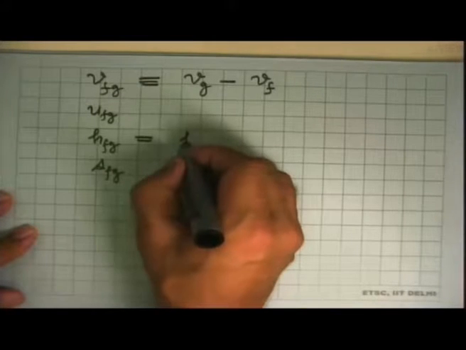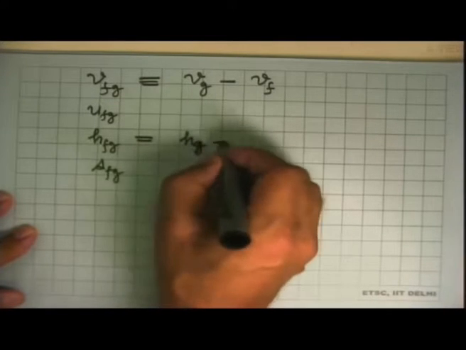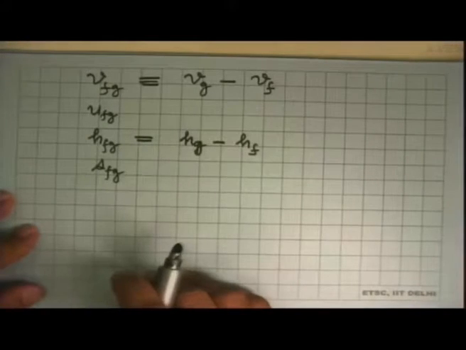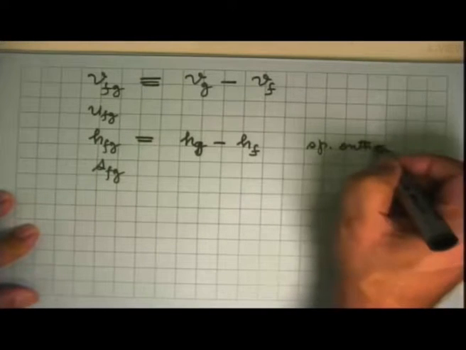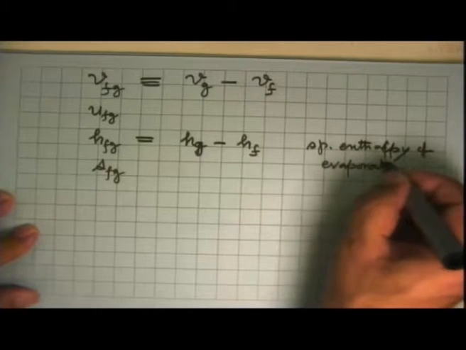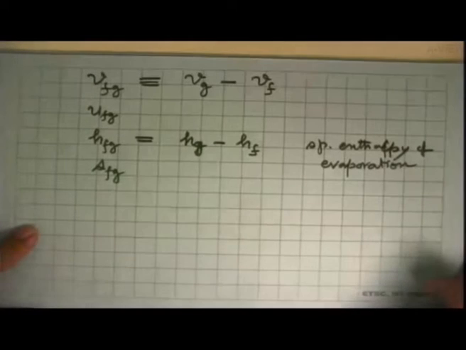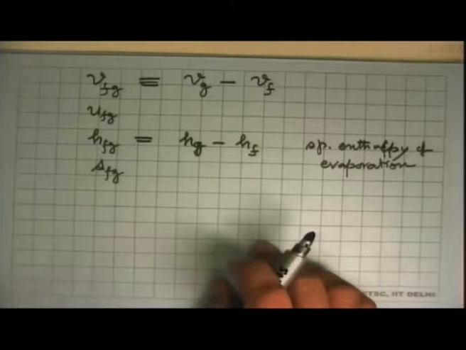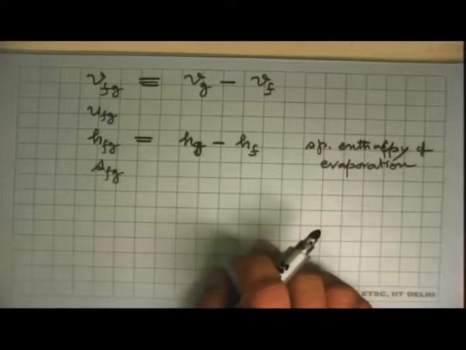So I'll just write down one of these. This is Hg minus Hf. And this is called specific enthalpy of evaporation. And its value at 1 bar for water is what you have learned in school. You have 540 calories per gram, or the equivalent in joules per kilogram.